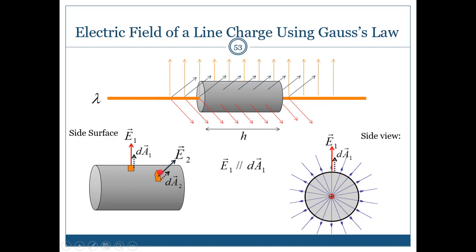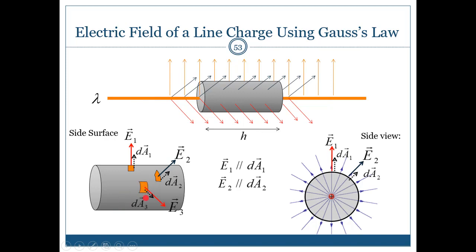Let me move on to a different side here, for example. E field is radially out and away from the line charge. Let's look at it from the side view. This is the little area that I picked. The dA vector is radially out, perpendicular to the surface. E field is also radially out, so they are parallel again.